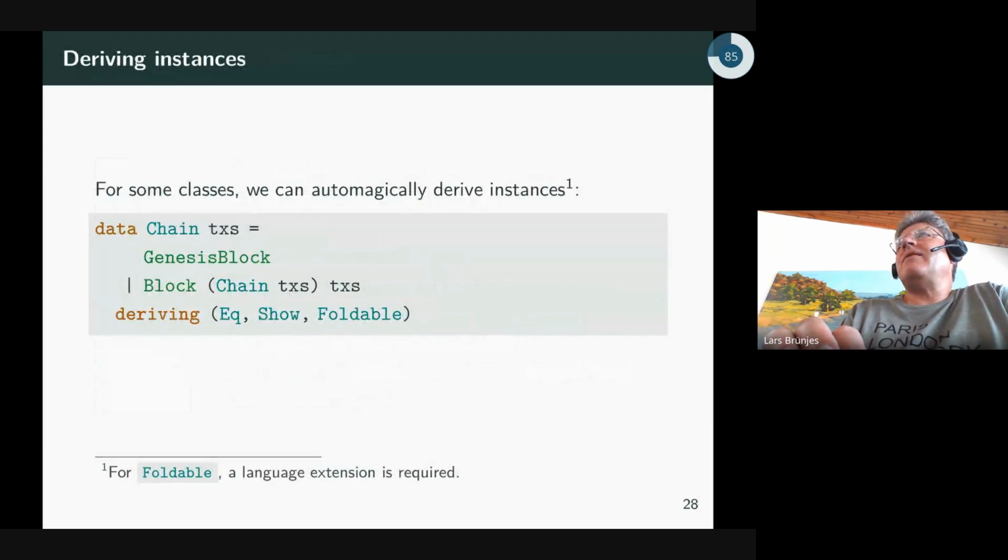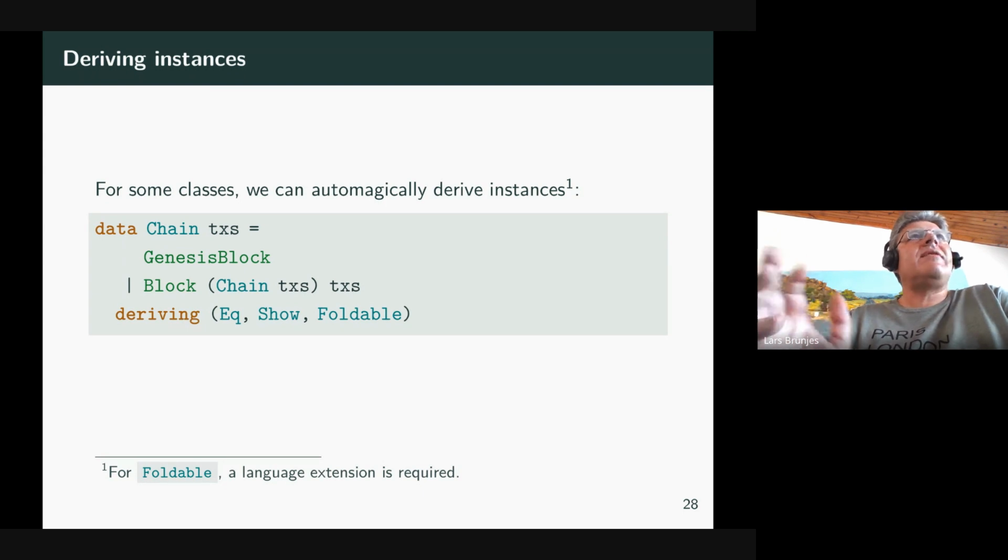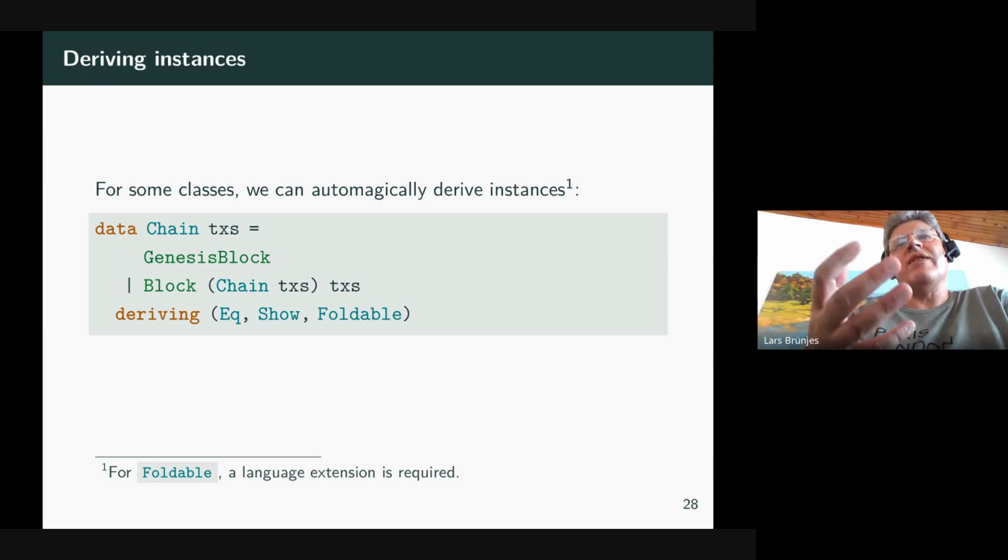Normally, as I said before, classes are like interfaces in other programming languages, and normally you have to implement them. If you define a new type like our Chain type, and I want to make it an instance of the Eq class, I would normally have to explicitly write code to do this.